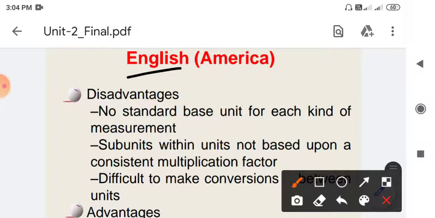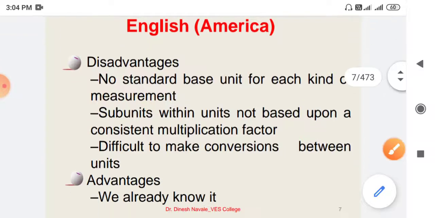For deriving variables in the American system, there is no standard base value for each kind of measurement. If we had base values, we would arrive at some common factor which we could use for the derivation of higher order variables.